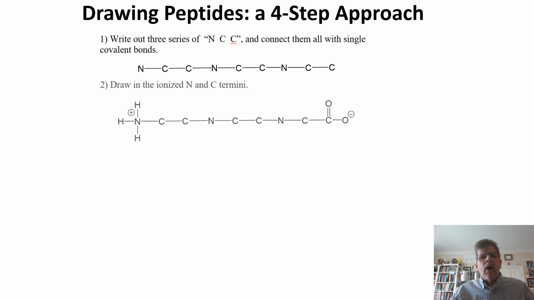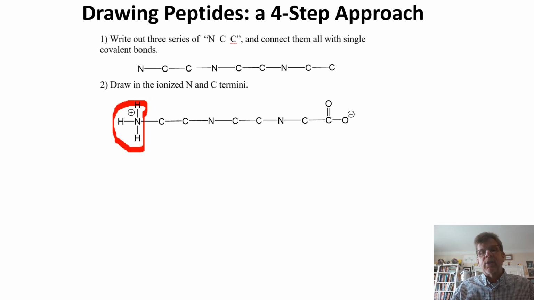In the next step, in order to show that, yes, indeed, we're going from N-terminus to C-terminus, we draw way on the left-hand side an ionized N-terminus, because amines are always ionized, NH3+ for a primary amine, at physiological pH.